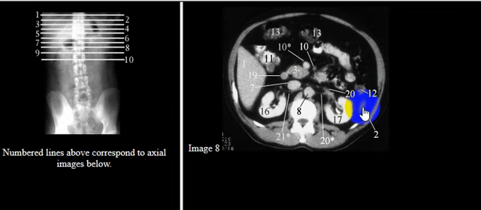As we said, the tip of the spleen is at the level of L2. And here, this is the transverse colon, and this is the ascending colon and hepatic flexure, and this is the liver.